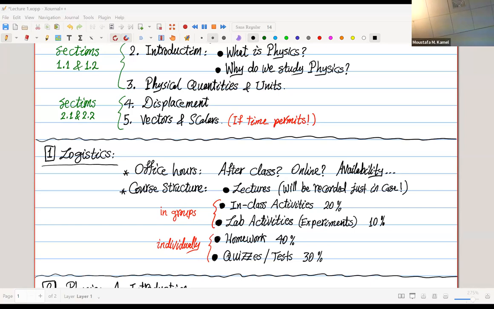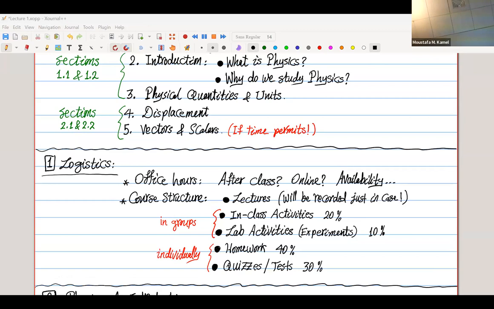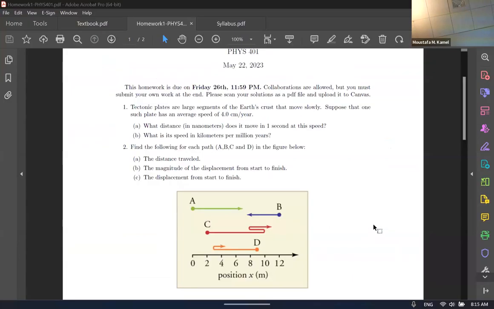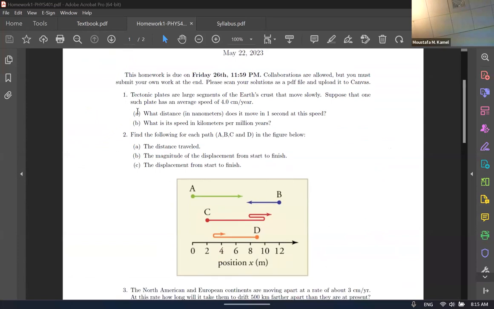Let me make sure I'm sharing the correct screen. Okay, so by today's lecture, you should be able to solve problem 1 and problem 2 on the homework.